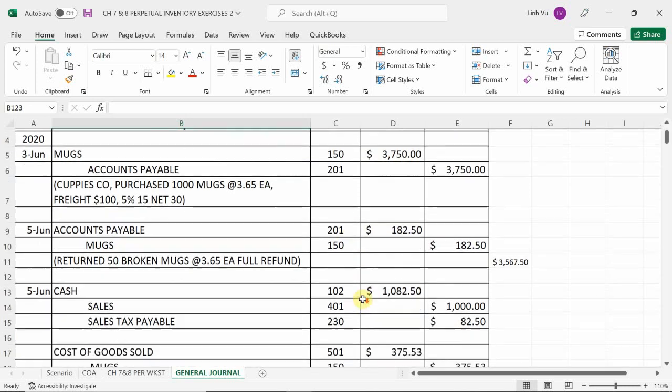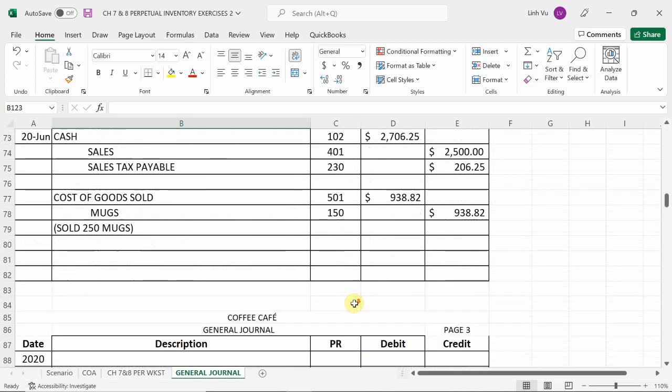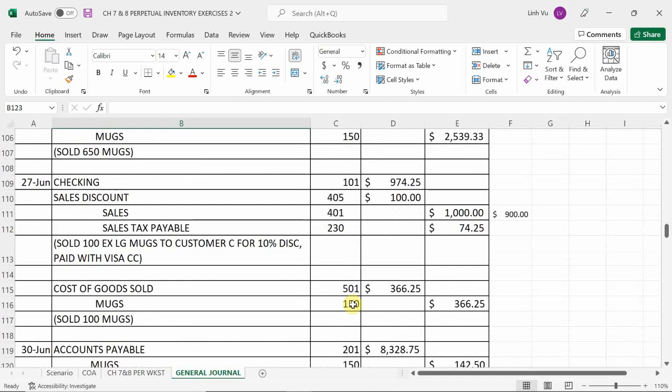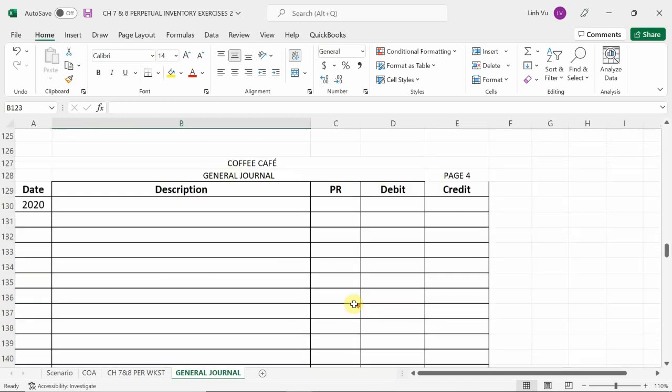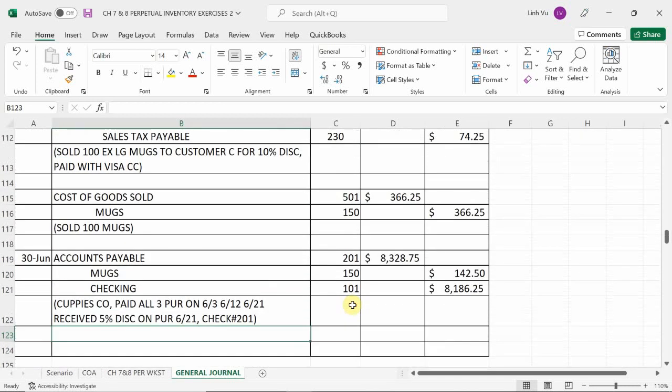So throughout the months, the balance of accounts payable would be updated, right? That's why we have 8,328. Yes. Okay. Oh, and then we are taking the discount term of $142.50 because we are paying the invoice then. Correct. Okay. Thank you.